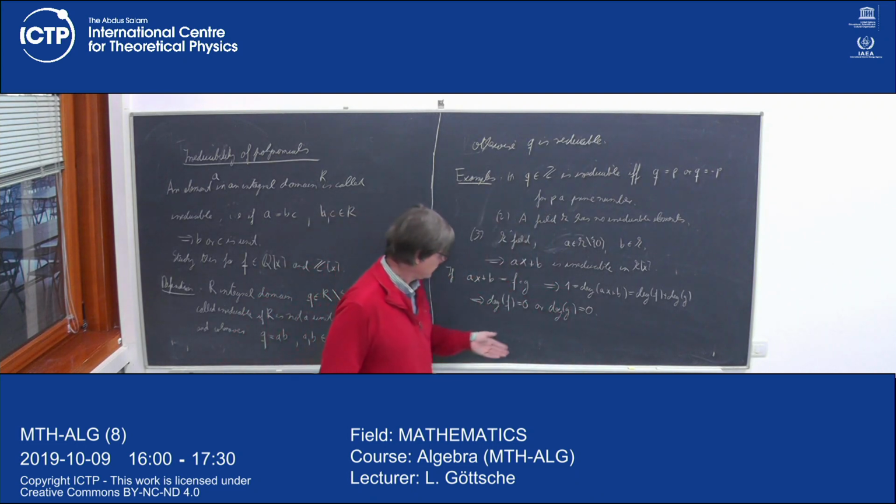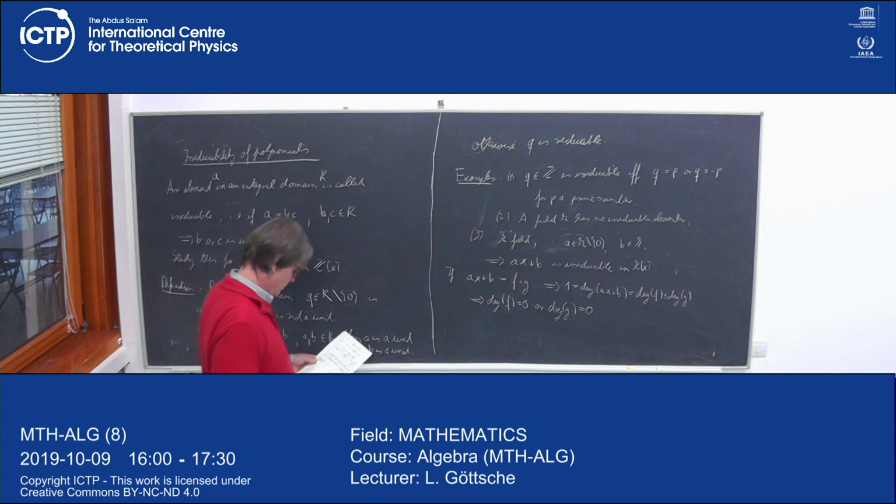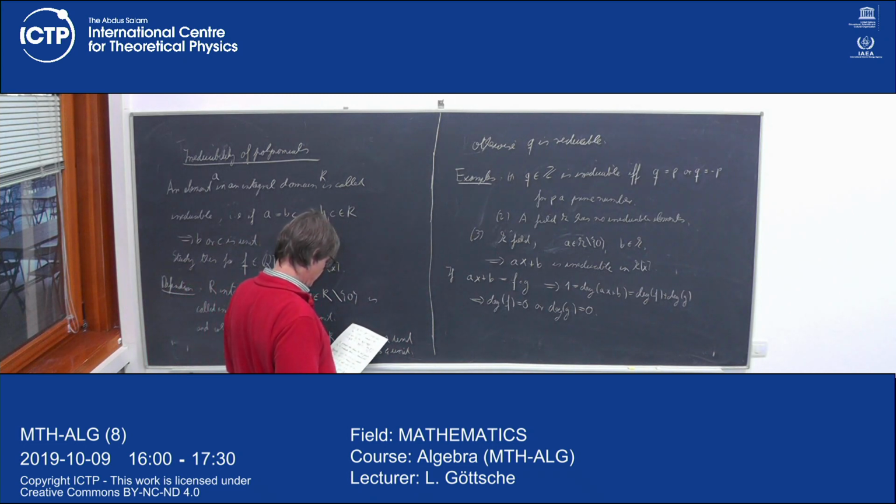For simplicity, you can assume that the degree of F is 0, then F is a constant, so an element in K. If this constant were 0, we would have that AX plus B had to be 0, which is not true. So this is a non-zero constant, so it's a unit in K.